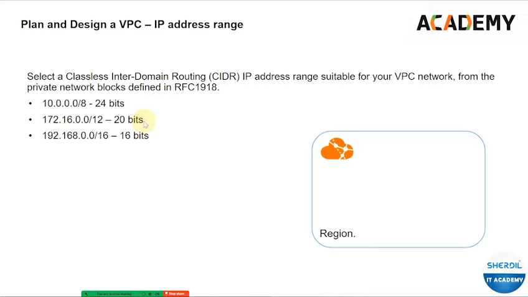That is 10.0.0.0/8, which is 24 bits, 172.16.0.0/12, which is 20 bits, and 192.168.0.0/16, which is 16 bits. So 16, 20 and 24 bits are the bits which help to define or divide your CIDR block into multiple subnets.